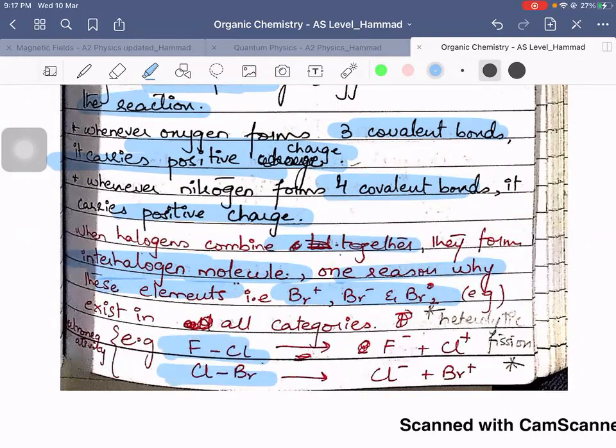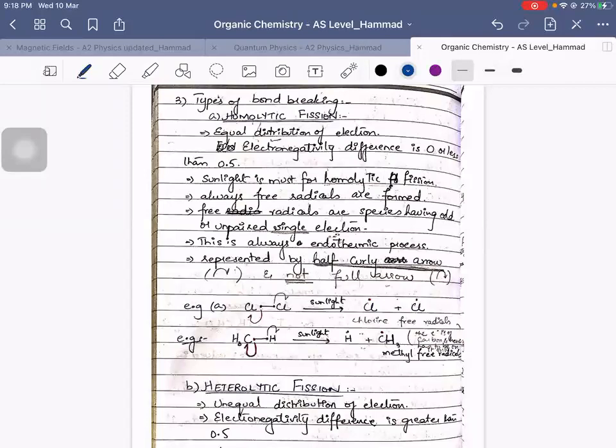So if I were to break these bonds, right, the more electronegative element will have a negative charge. The less electronegative element will have a positive charge. We are only discussing the basics of it.